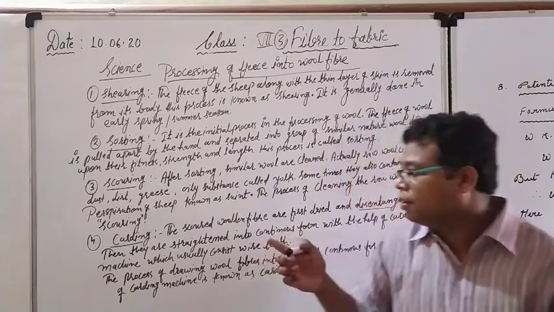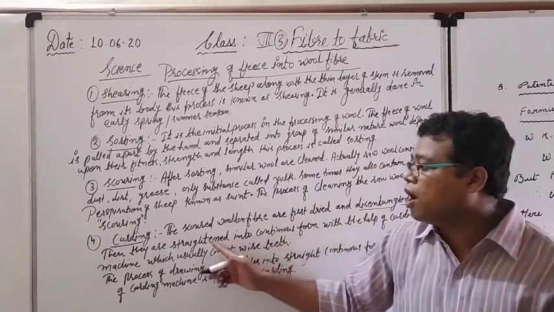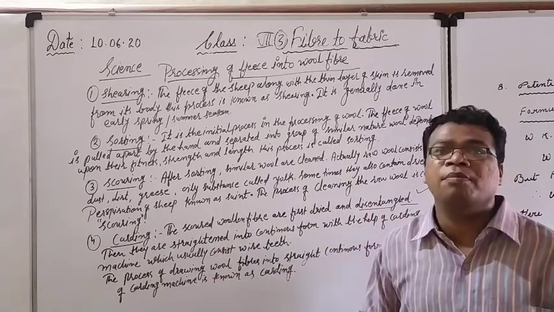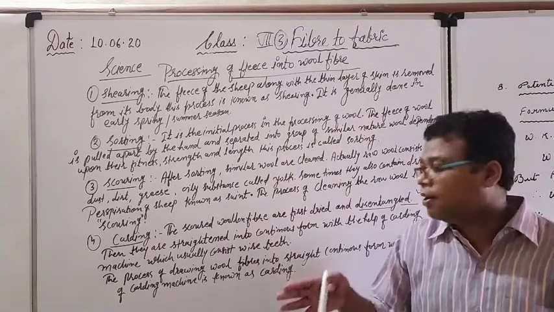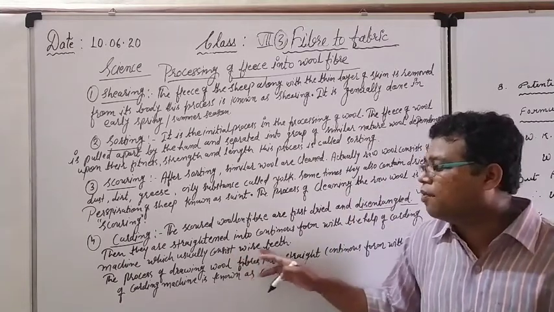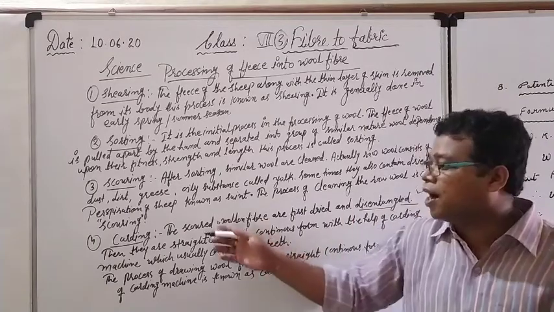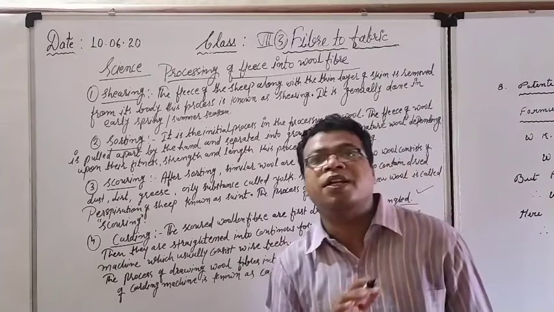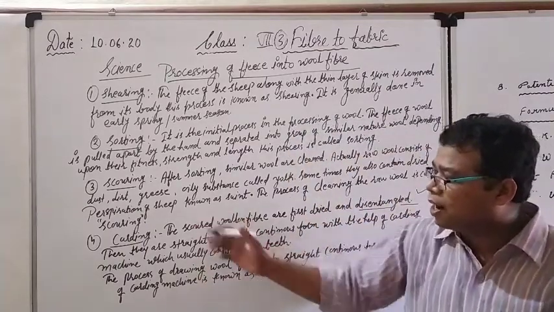And when this particular raw wool is passed through them, between these rotating cylinders which consist of wire teeth, what kind of wool emerges from the carding machine? It is in the continuous form, and that continuous form is known as the carding actually.